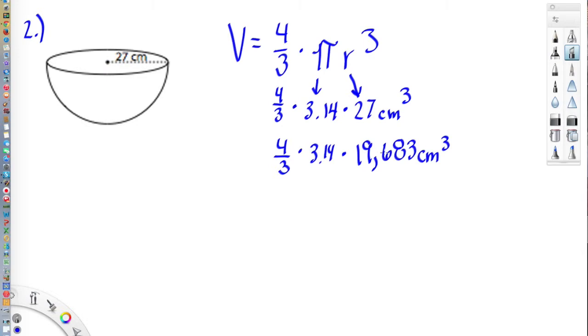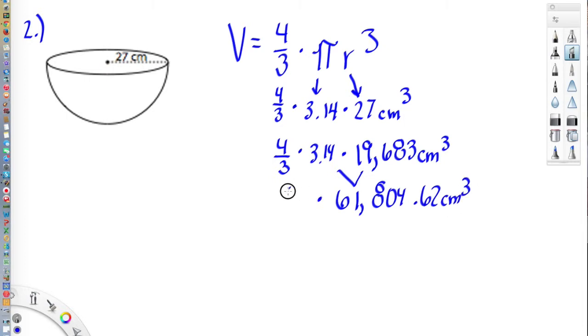When I multiply 19,683 times 3.14, I will get 61,804.62 centimeters cubed.